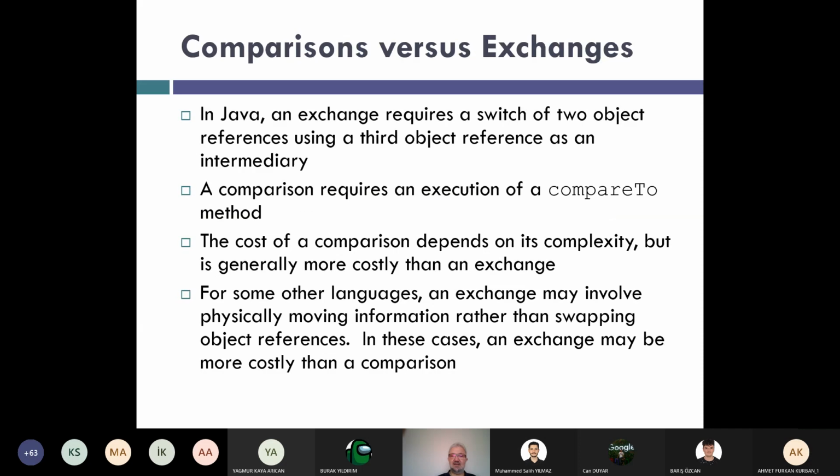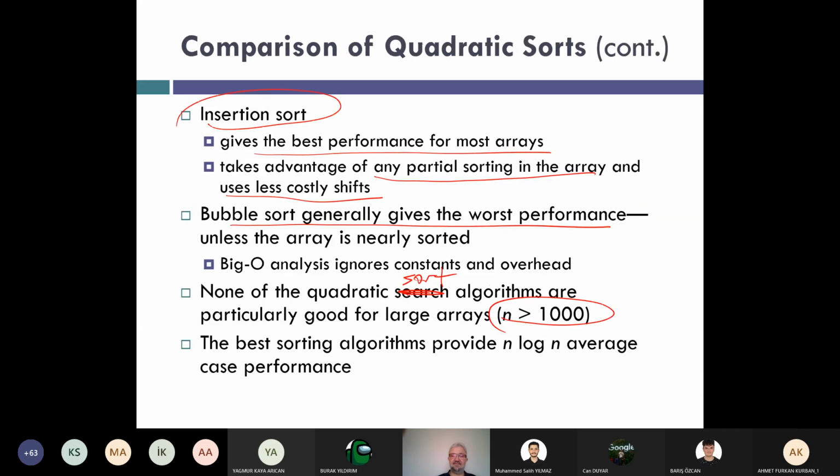If the array is almost sorted, you can prefer quadratic sorting algorithms over n log n algorithms like merge sort or quick sort.